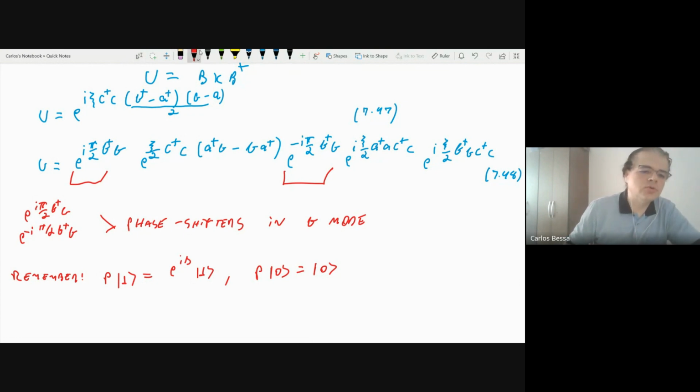So these terms will contribute only with phases.